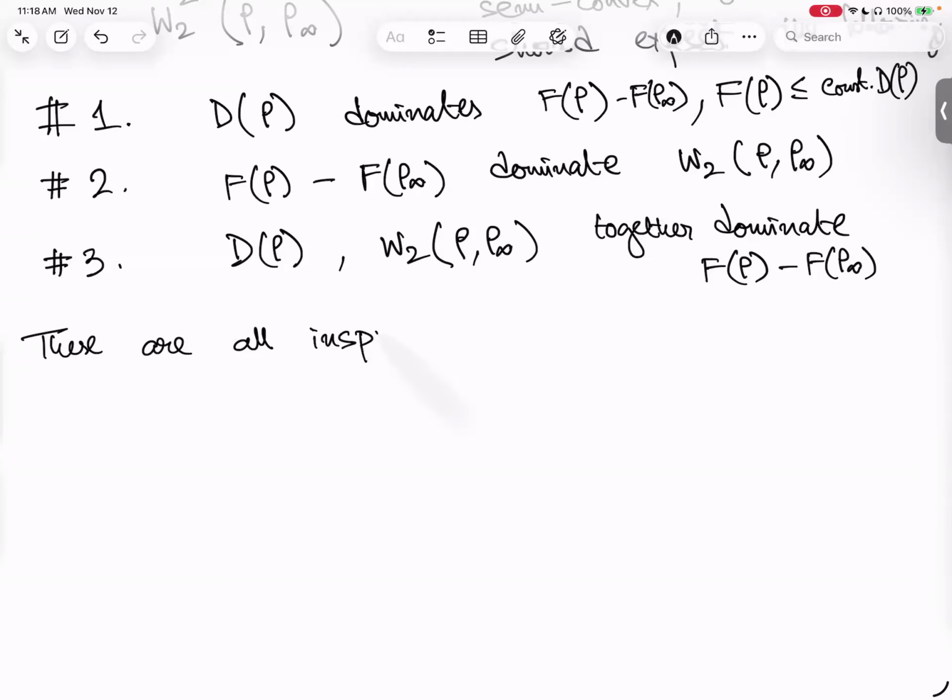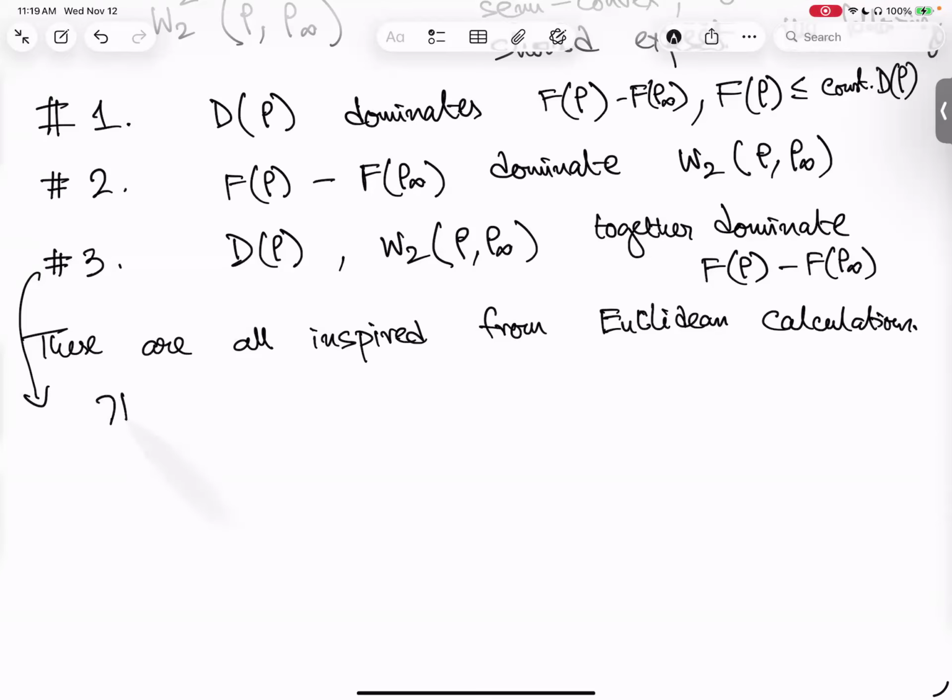So let's check number 3. Number 1 I have already done. Number 2 I'll leave it for you to verify for Hilbert space valued, uniformly convex functions. So let's check 3. Let's again go back to our Hilbert space. So H is my Hilbert space.